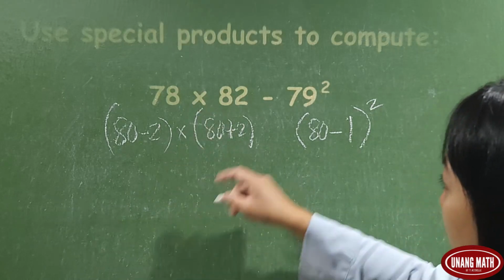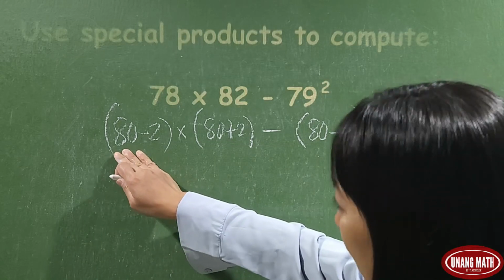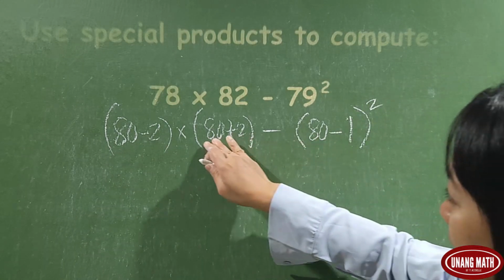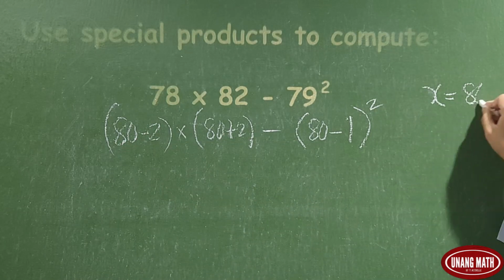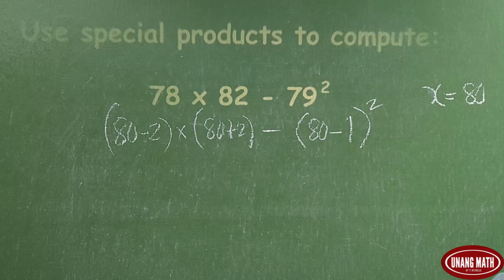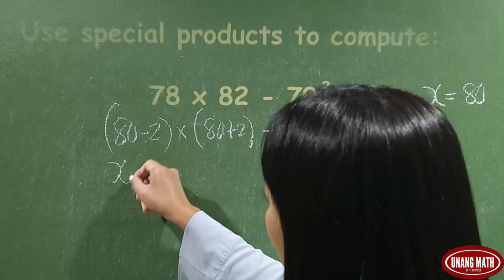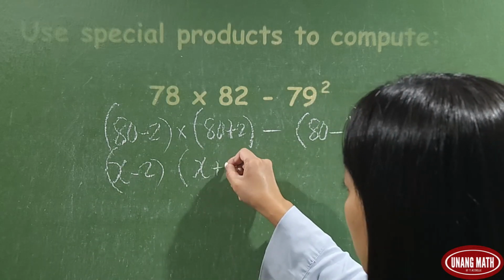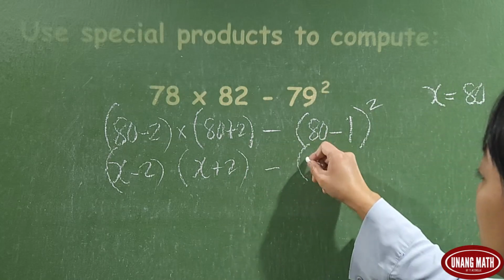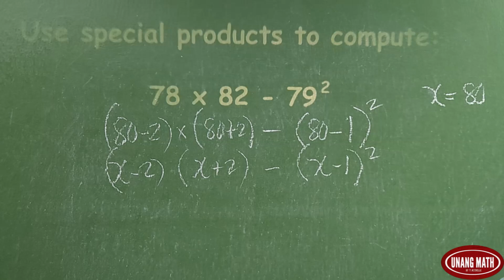The operation here is multiplication. Here is subtraction. Okay, we will represent 80 as x. So if 80 is x or x is 80, then we can write (x - 2) times (x + 2) minus (x - 1) squared.